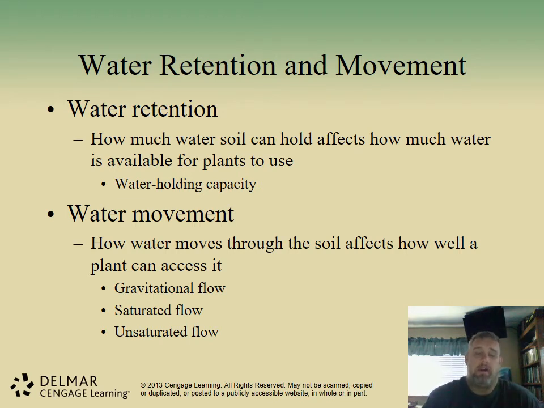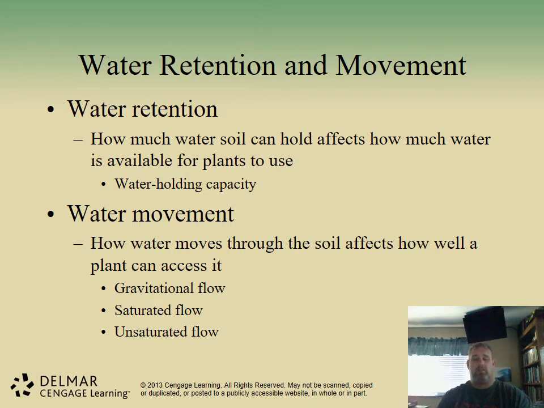And then, as we talked about just a few minutes ago, water movement throughout the soil. There are a couple different ways water moves. We have the gravitational flow, and that's when we've, again, overfilled, oversaturated our soils, and we allow that water to flow downward. We have saturated flow and unsaturated flow. These are just ways that water will move either down gradient or side to side.